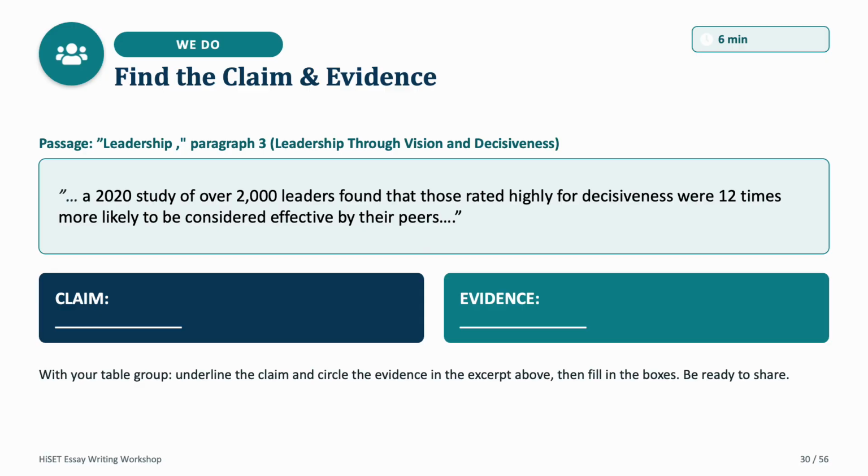Okay, so you break into a group and discuss what is the claim there? What is the evidence? Okay, and then I'll ask you to share if you would please. So take a minute to look at it.